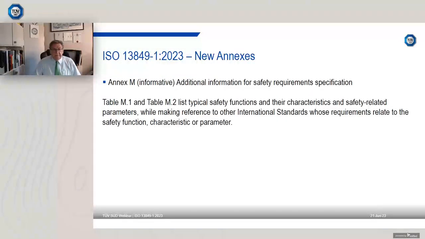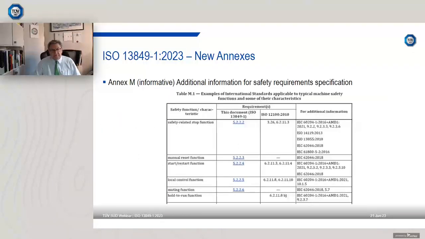Annex M is additional information that can help inform safety requirement specification. It's a couple of tables, but table M1 in particular, this is the top few entries in table M1, is pointing to other standards that will give additional information about the requirements of various safety functions, the individual functions that are described in clause 5 of the standard.